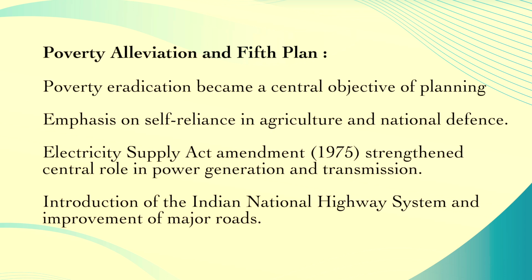During this fifth plan period, an important legislative development took place with the amendment of the Electricity Supply Act in 1975, empowering the central government to directly participate in power generation and transmission, thereby strengthening the country's energy infrastructure. There was another notable development during this plan, which was the introduction of the Indian National Highway System, accompanied by the widening and improvement of major road networks to meet the growing demands of traffic and connectivity.